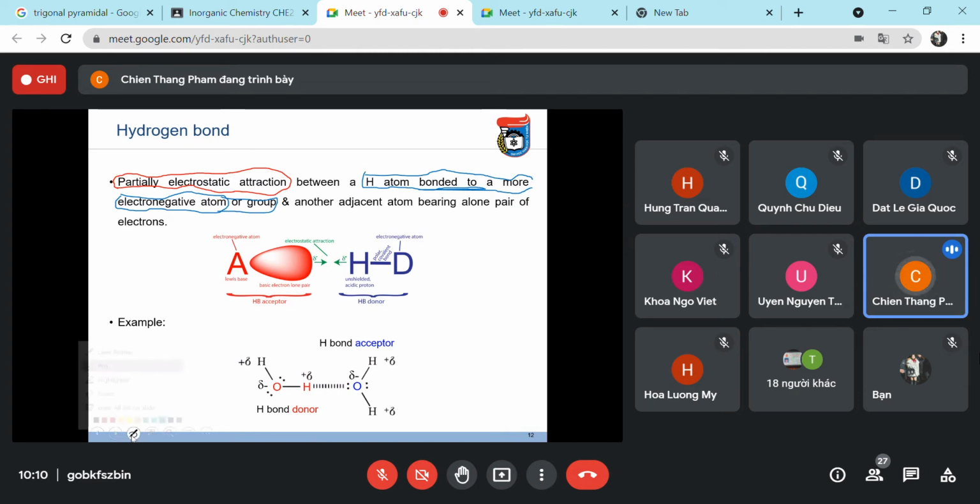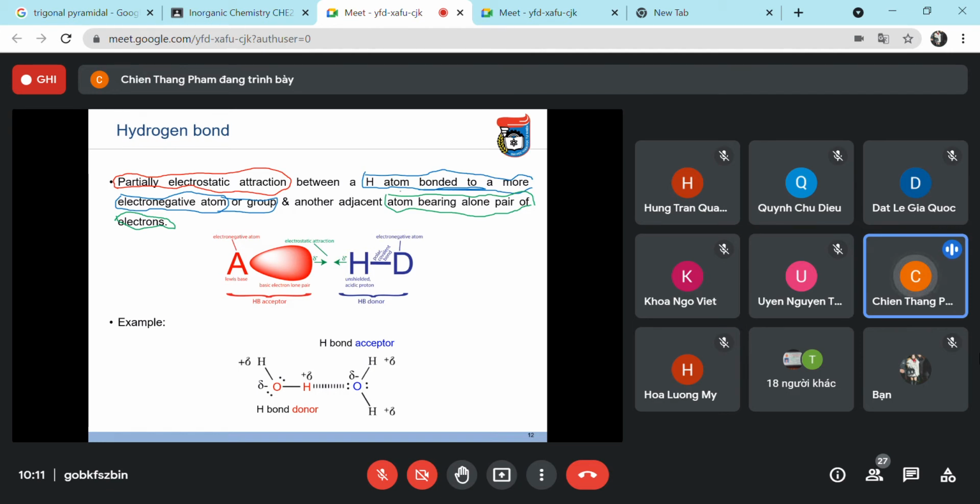You can see this one is divided into 3 parts. It's not so nice when I draw by hand. However, you can see there are 3 parts here. The first is electrostatic attraction between the hydrogen atom and another atom.